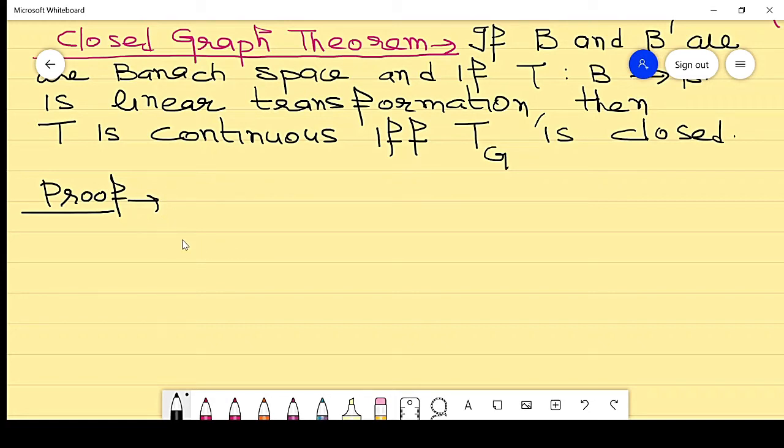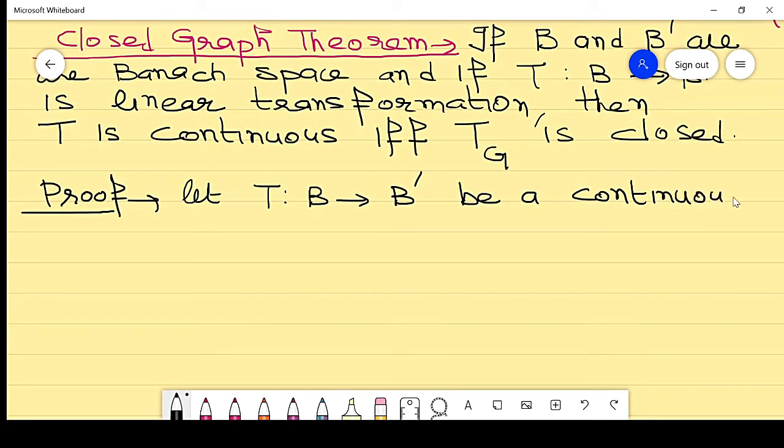Now I start from this. Let T from B to B dash be a continuous linear transformation. We can also write linear transformation as LT.